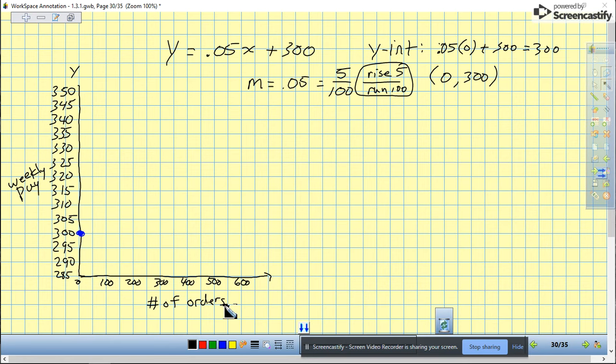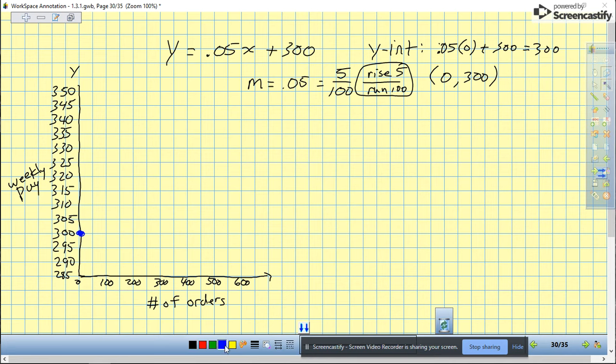It's 5 up, so she gets an extra $5 for every 100 orders that she collects. So what I did is I made my orders count by hundreds, and I made my y-axis, my weekly pay, go up in increments of 5. That way I can more easily show what's happening in this specific problem. So I tailored my graph to show what I needed it to show for this problem, and also to make my life a lot easier in terms of graphing this.